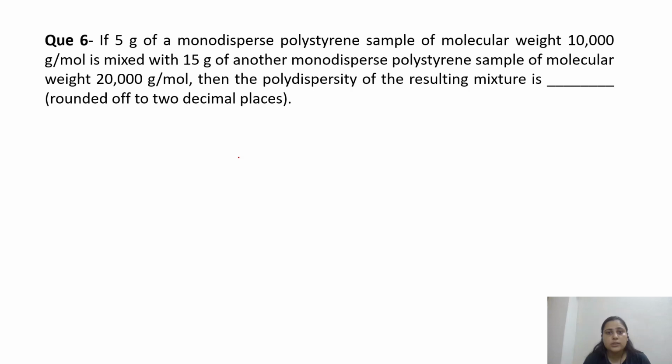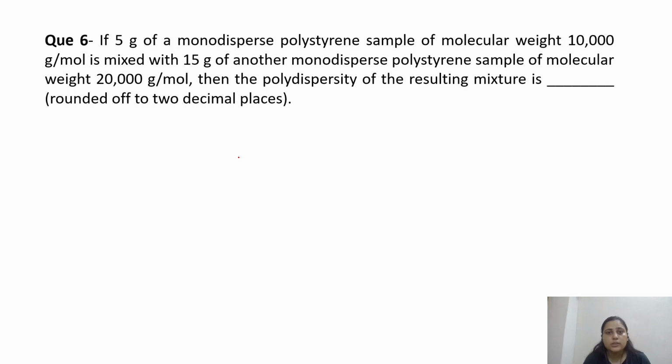We need to calculate the PDI, the polydispersity index. We know from the formula that the polydispersity index is the ratio of the weight average molecular weight to the number average molecular weight.